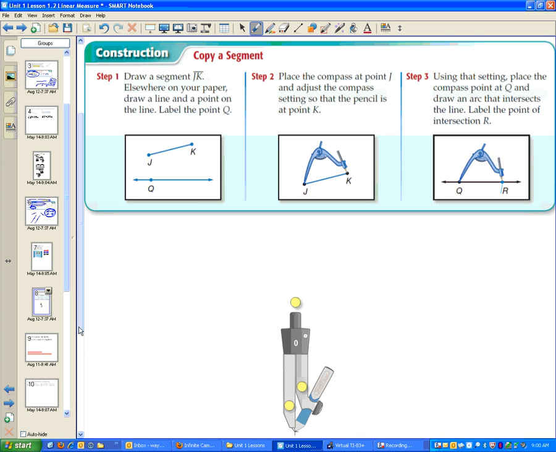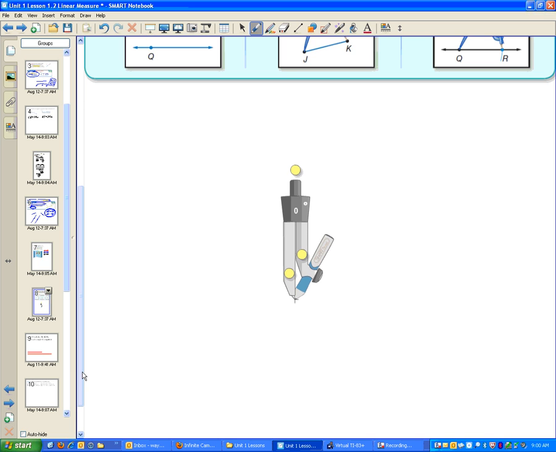All right, so we're going to draw segment JK. Let me raise this up. Look at the steps in the book. I need some room to work here. Segment JK. Oh, come on. Why won't it let me write?